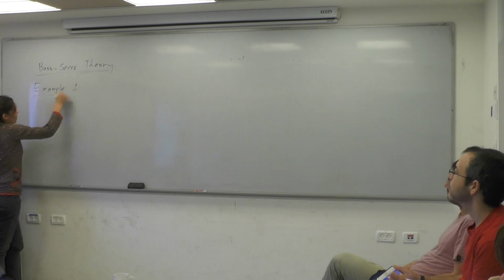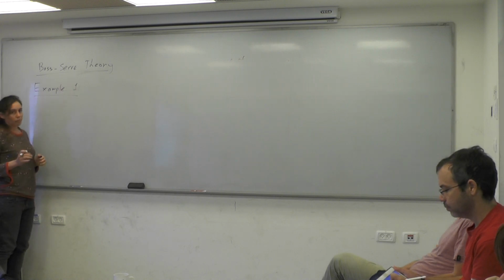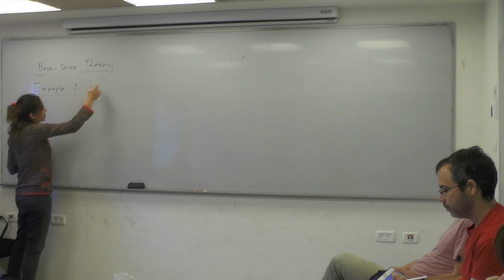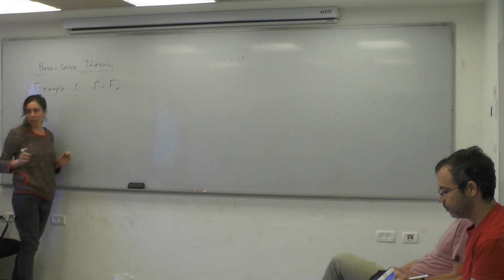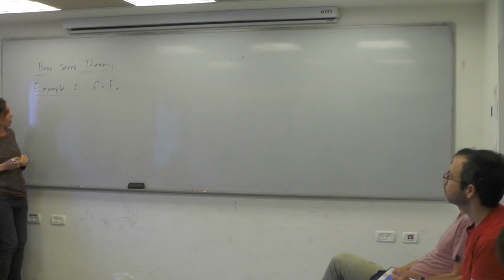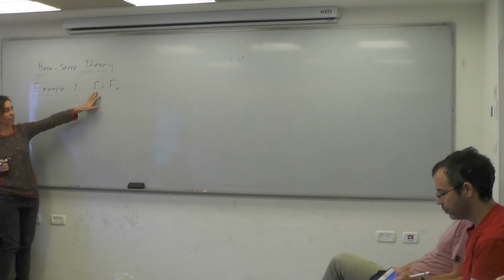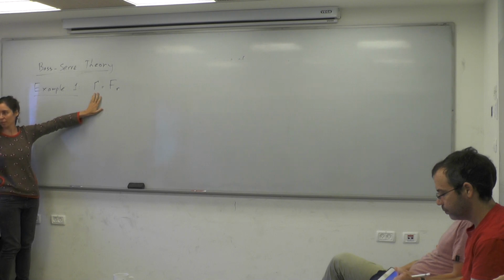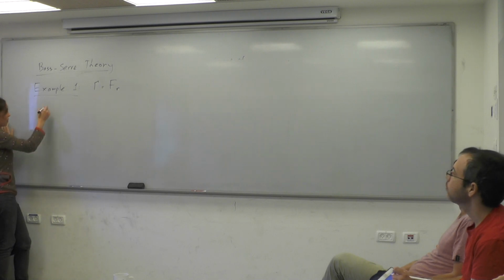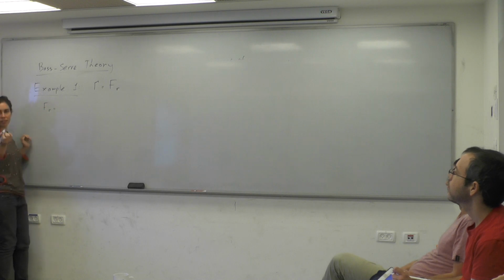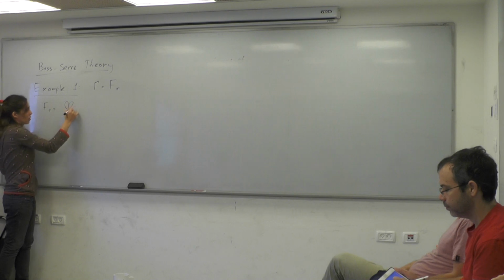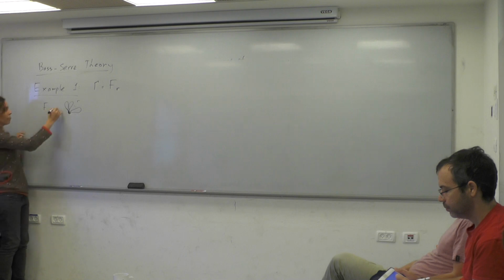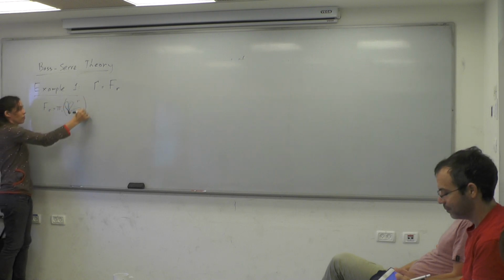Example one. You all know the free group. Let's take gamma, the free group on R generators. We know that we can realize this gamma as a fundamental group, right? So gamma is the fundamental group of what? Just a bouquet of circles, right? We have R circles, and F_R is the fundamental group of this thing.